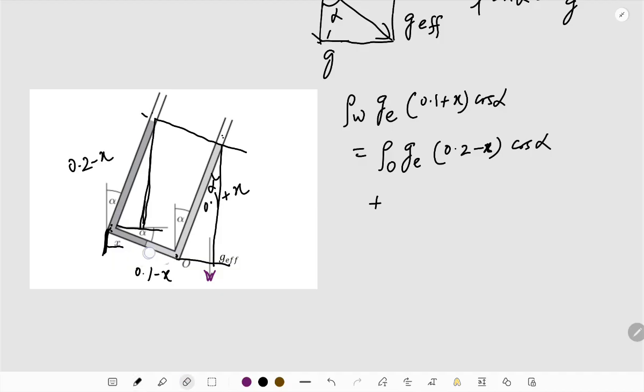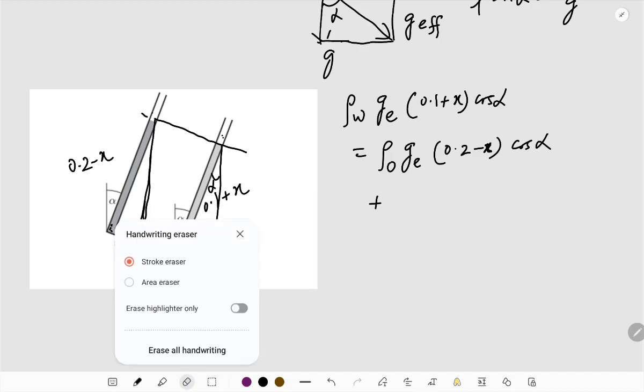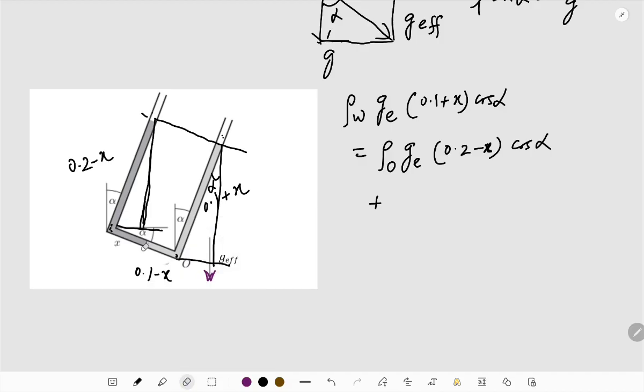I'm missing something. This length is x, so I would like to write the pressure here at this junction, and so I need to find out this length in the direction of G effective, and this angle is alpha, so this length will be simply x sine alpha.